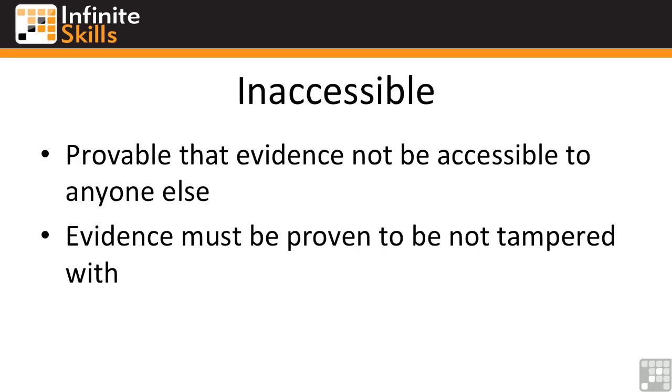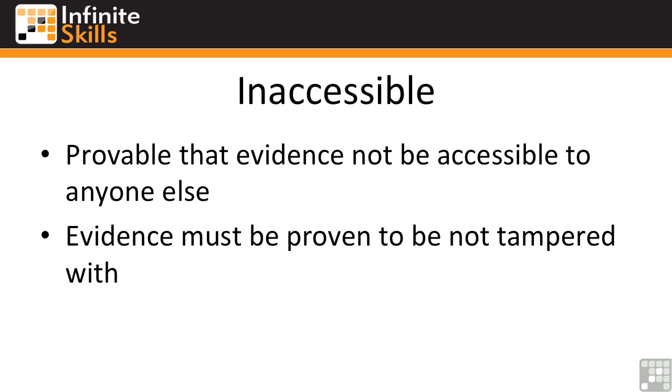It should be provable that evidence was not accessible to anyone else, which means if you've got a piece of evidence, you have to have the ability to secure it some way so nobody can gain access to it other than you or within your supervision. Evidence must be proven to be not tampered with, so you have to be able to show that the evidence hasn't been manipulated or tampered with in any way.